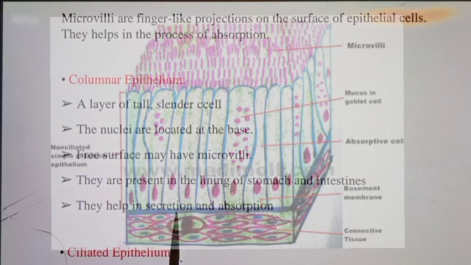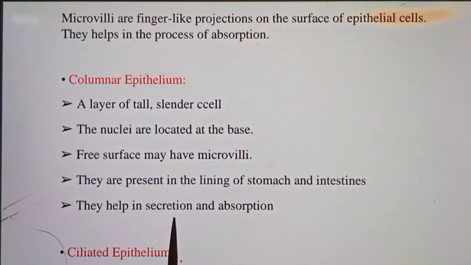Secretion, because the opening of the salivary gland is made up of columnar epithelium, and most of the exocrine gland lining is made up of columnar epithelium. They help in secretion of enzymes, and also in absorption in the intestine.